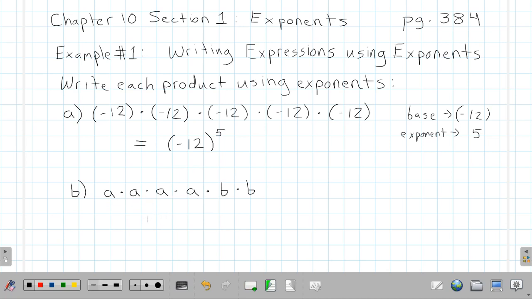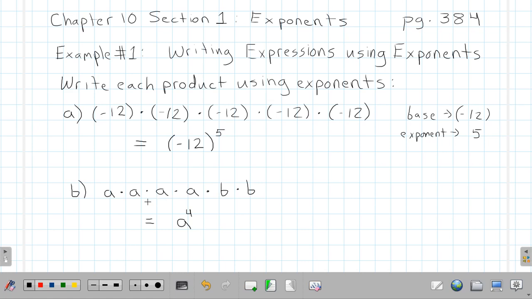Our first base is going to be a, because it is a factor that is repeated. In this case, we're not even looking at the b's yet. Since we know this is a base, how many times does the a repeat? Well, we have 1, 2, 3, 4 a's. So that means the exponent on a should be 4.